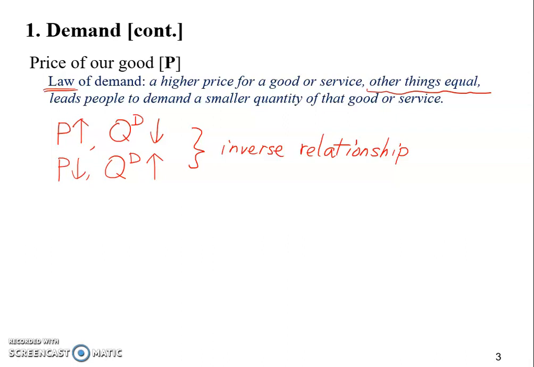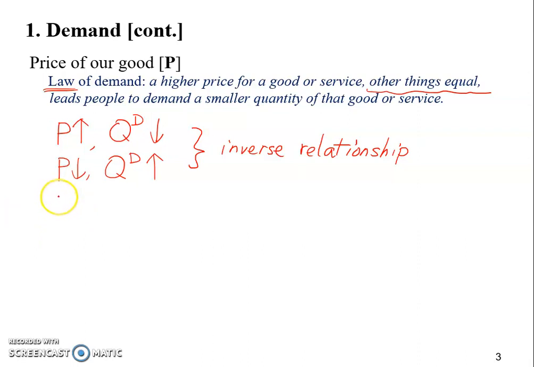However, when we look at the law of demand, we narrowly focus on the influence of the price of our good upon the purchasing decision. We hold other things equal, or constant, so we don't have to worry about other possibilities.